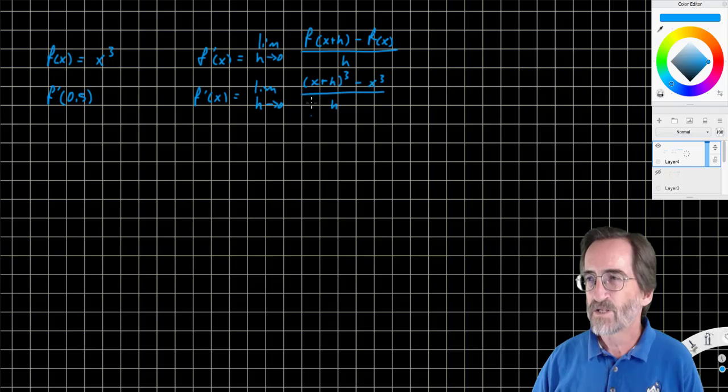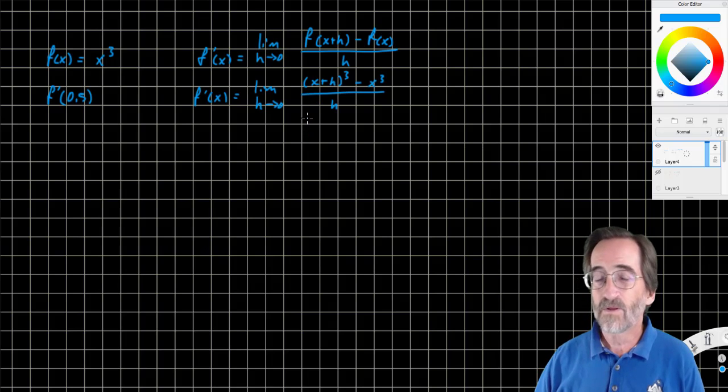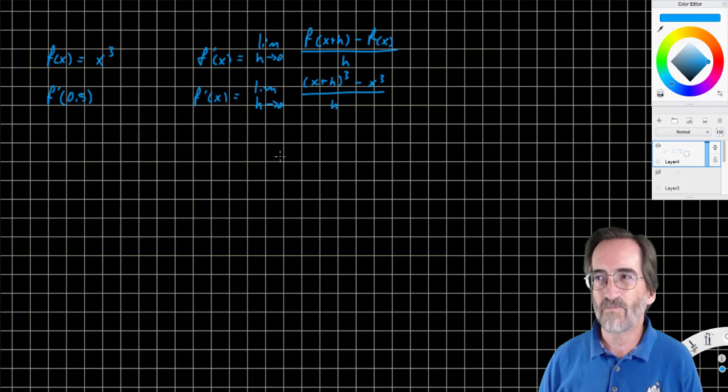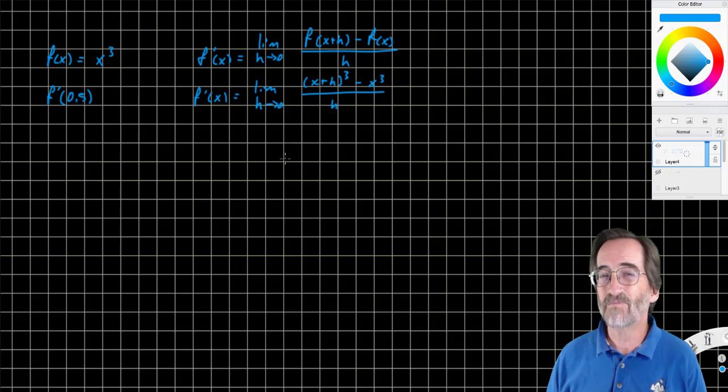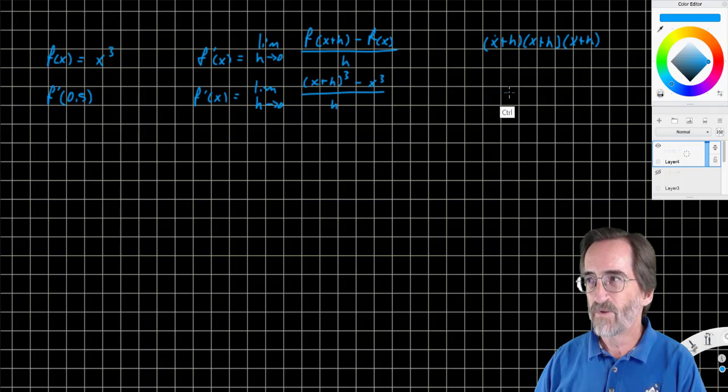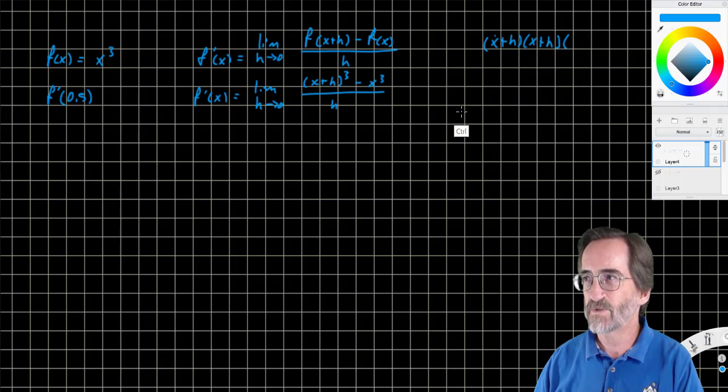algebra here. So we're going to cube. I can do this in one step. You're familiar with binomial distributions, maybe, perhaps. If it comes to it, you can do this by hand: x plus h times x plus h times x plus h. Multiply these two, and then multiply the binomial by the trinomial by distributing and combining like terms.